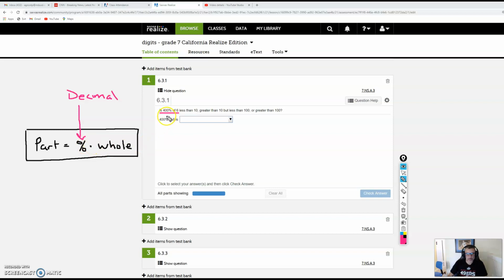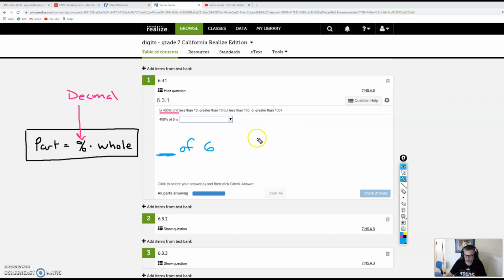So let's look at what we have here. Is 400% of 6. When it says of 6, that tells me that 6 is the whole. We have some portion, we don't know what it is, of 6. So let's rewrite this equation.